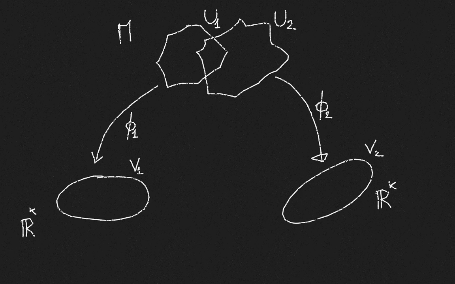Now, first thing first, you have this intersection. If you look just at the map phi1, the first hypothesis tells you that this goes in an open set here, a subset of V1 which is still open, and it goes in another open set here.